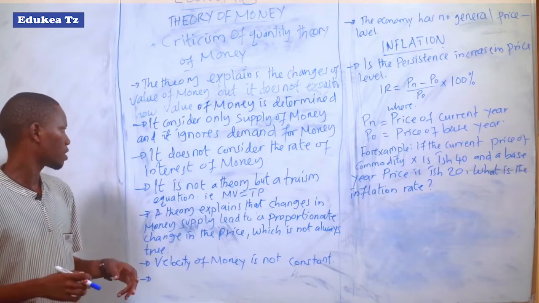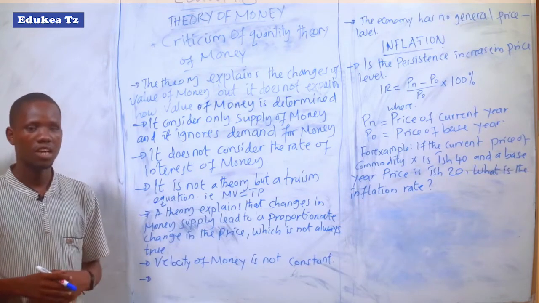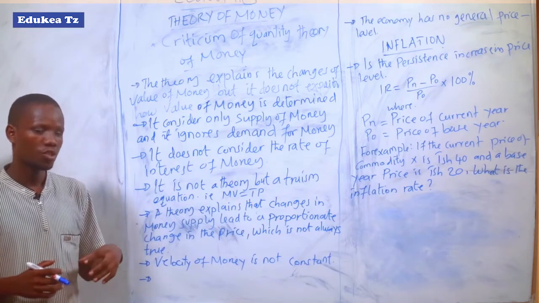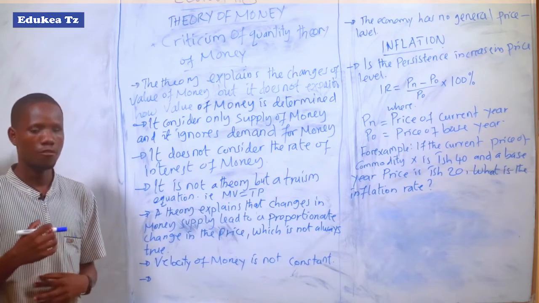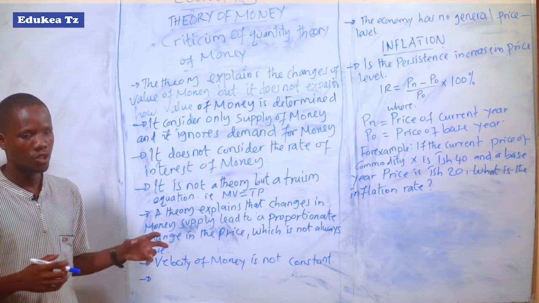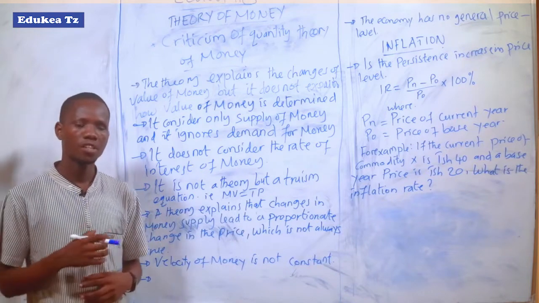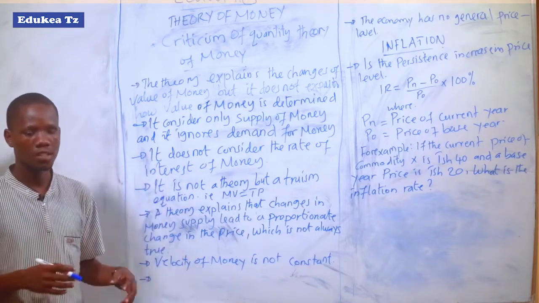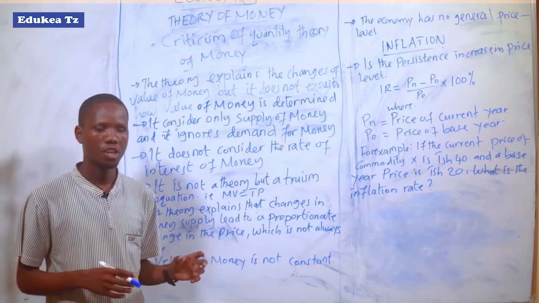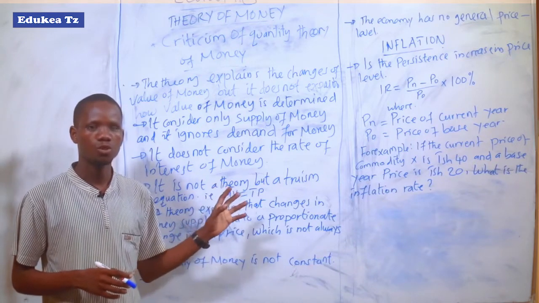So the interest rate can also contribute to changes in the value of money, and not only the supply of money as Professor Fisher proposed in this quantity theory of money.